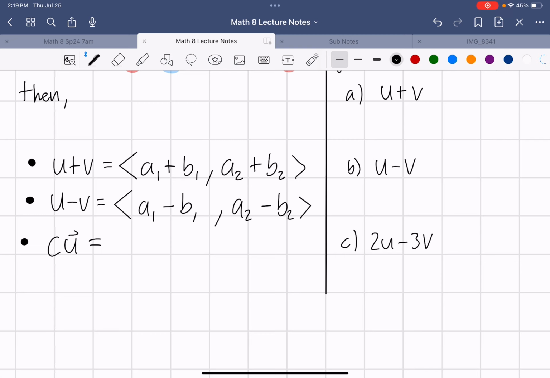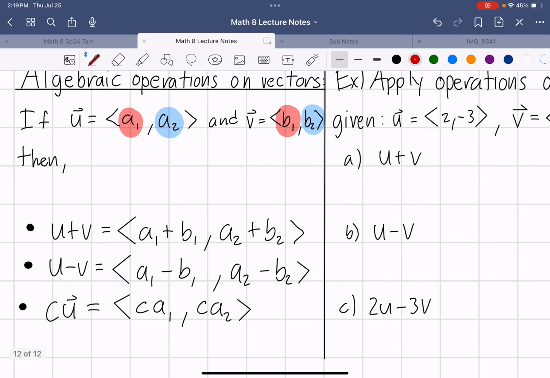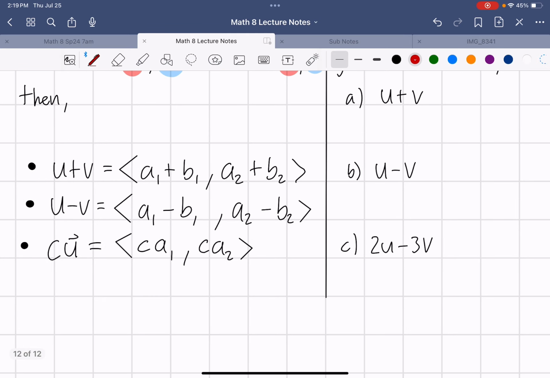Now, multiplying two vectors together is going to have a slightly different representation, and that's going to be in our next section. But for now, we're still focusing on our components, and this is going to resemble more of a distribution where you take each component and you multiply it by a scalar.